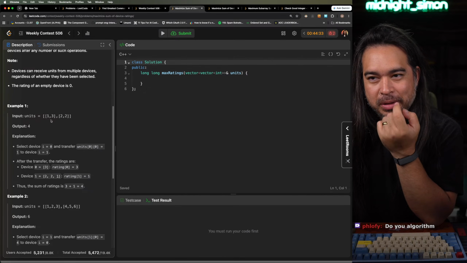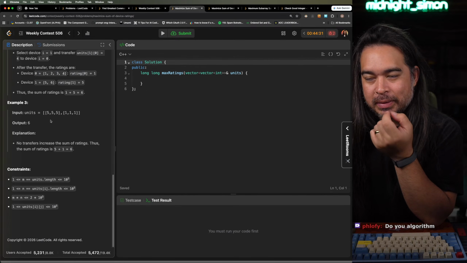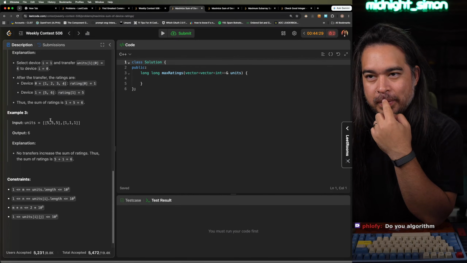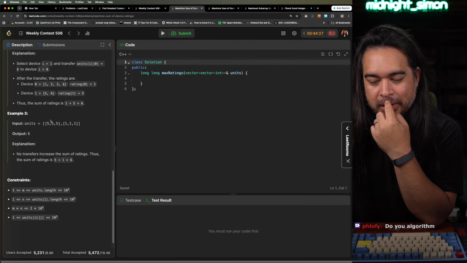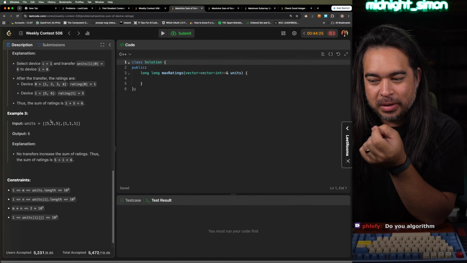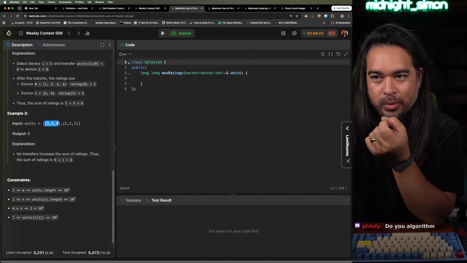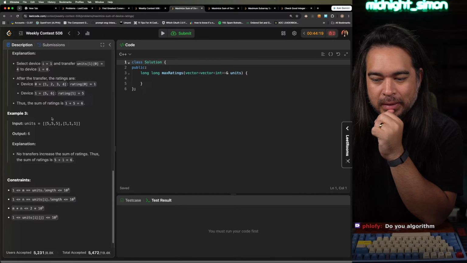I'm thinking the only numbers, well, maybe all the numbers matter, but the lowest number in each row for sure is important. And then it's like, how do you know what to do from there?